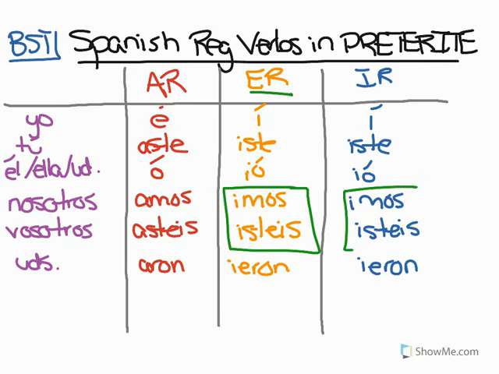It's the same as for IR. And finally, notice that nosotros forms of preterite verbs are the same as they are in the present tense. So just like in the present tense, AR verbs go to amos in the preterite. So you have to rely on context in a sentence to determine whether a nosotros verb is meant to be in the preterite or the present tense.